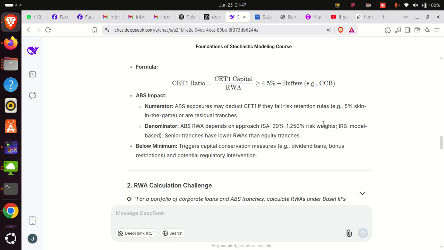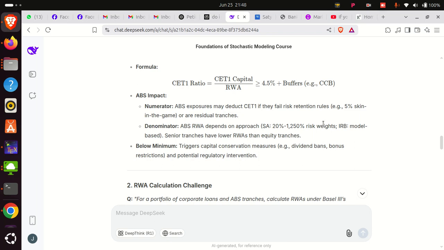So the CET1 ratio is the CET1 capital divided by risk-weighted assets. It should be greater than 4.5% or any buffers, which is like CCB. The numerator: ABS exposures may deduct from the CET1 capital if they fail the risk retention rules, like 5% skin in the game, or are residual tranches.